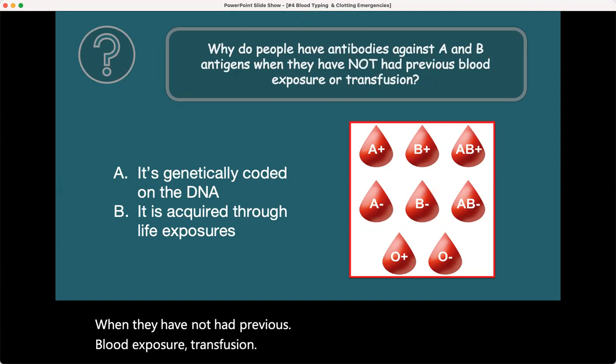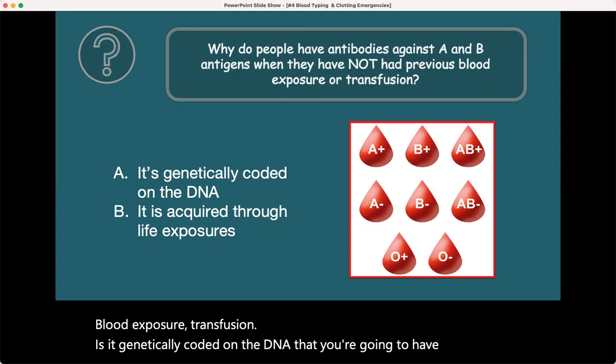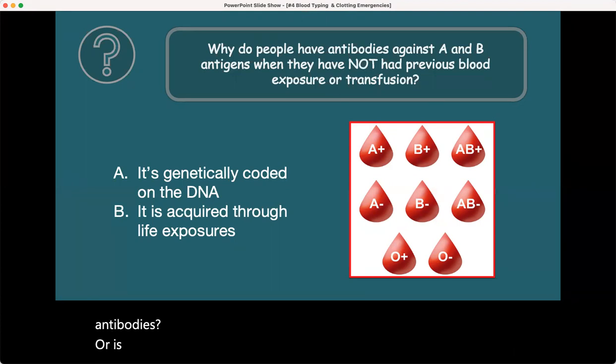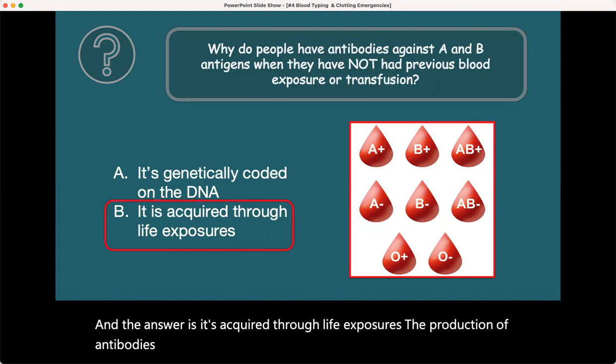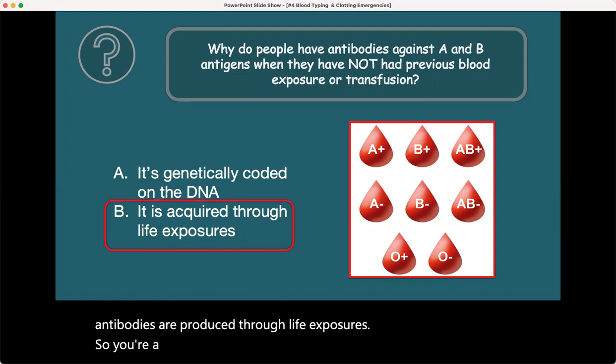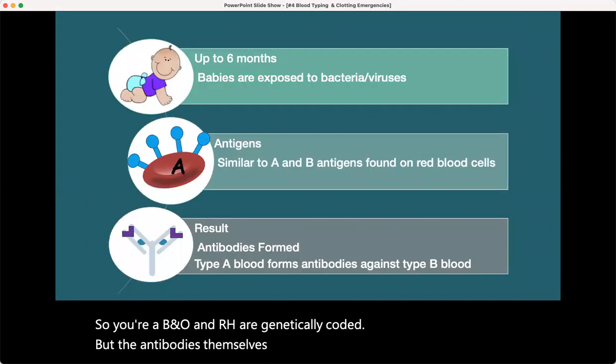Is it genetically coded on the DNA that you're going to have these antibodies? Or is it acquired through life exposures? And the answer is it's acquired through life exposures. So your A, B, O and Rh are genetically coded, but the antibodies themselves are not.